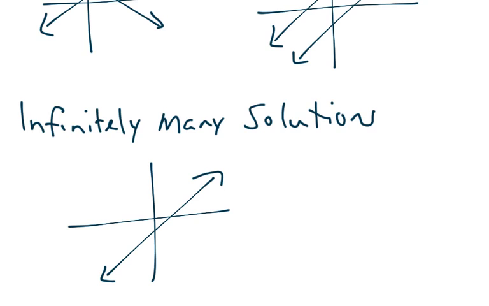I want to be clear that infinitely many solutions is not quite the same as all real numbers, although it's very similar. Okay? Infinitely many solutions is a more accurate term than all real numbers. All real numbers says that you can pick any x and any y, and that would be a solution, which isn't quite right. Infinitely many solutions says we could put as many points on this line, here, as we want.